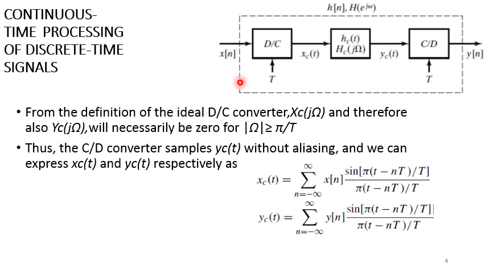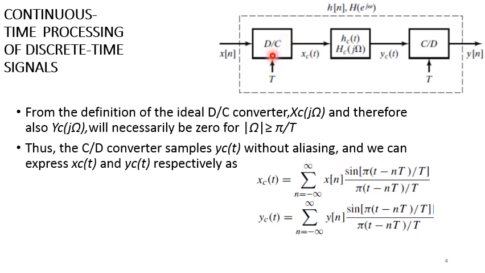Now in this case, we have a continuous time system and we have a discrete time signal. So the first step will be that we convert the discrete time signal into a continuous time signal, and I hope you understand we use reconstruction or interpolation to convert a discrete time signal into a continuous time signal.